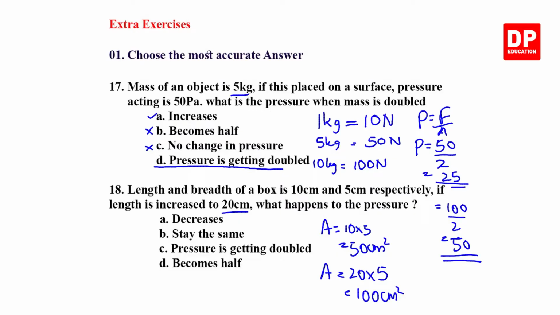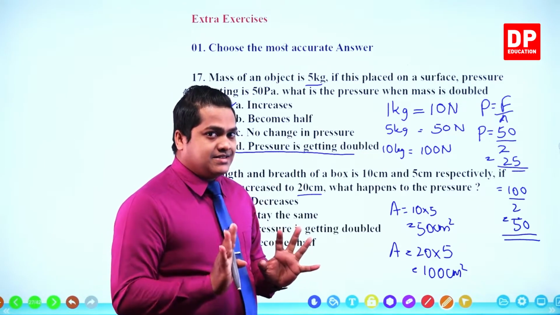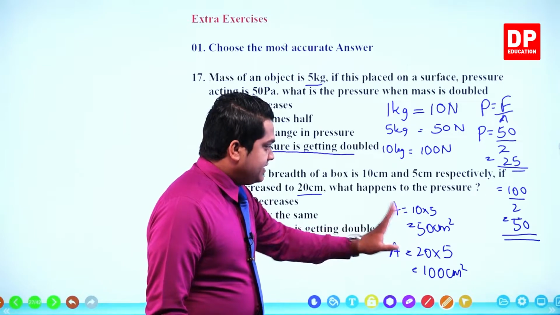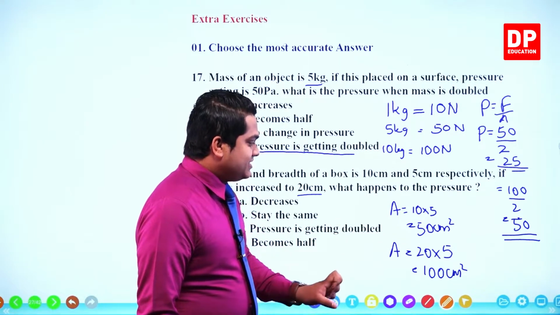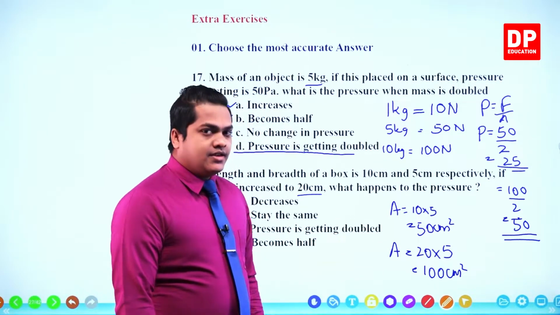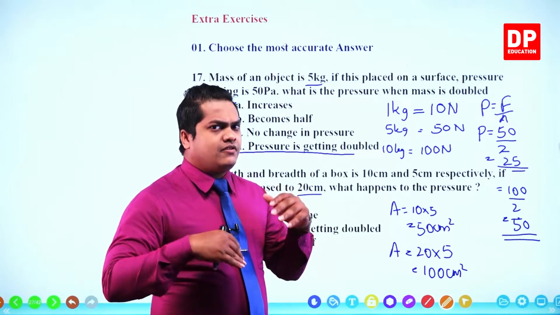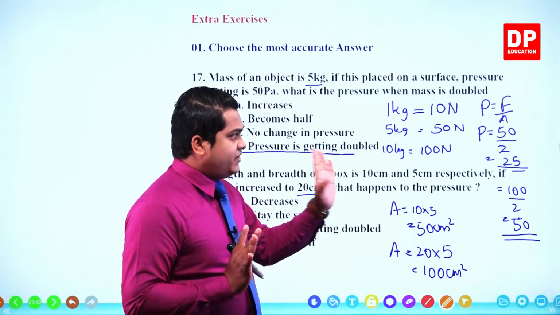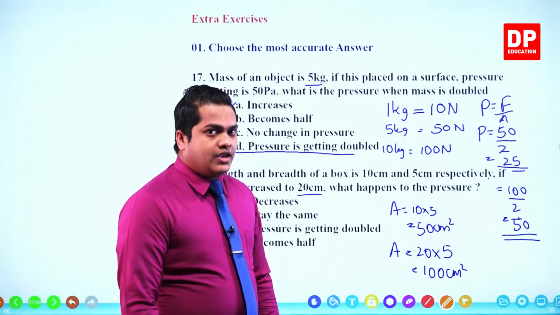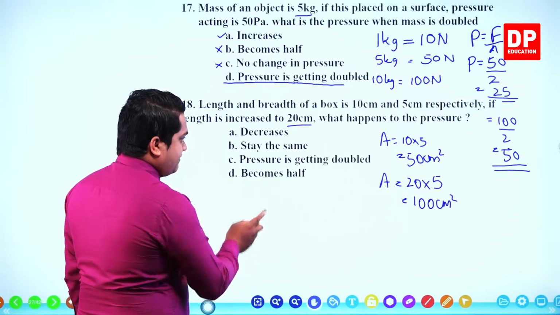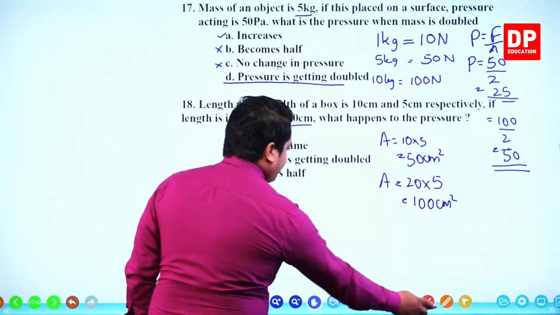So my dear children, here I have calculated the areas of the two instances. In the first instance, it is 50. In the second instance, it is becoming 100. Now, they are not mentioning anything about the force, so we can assume that the force is constant, like in the previous case.